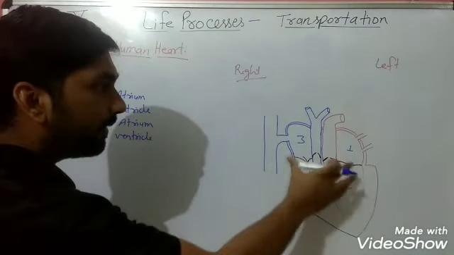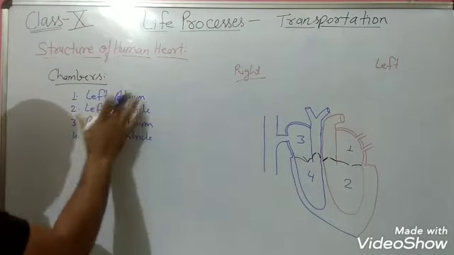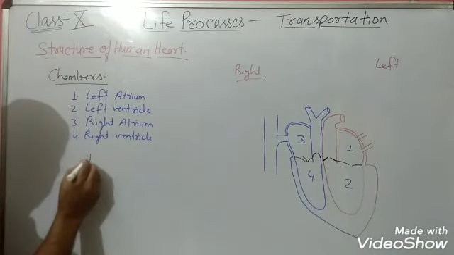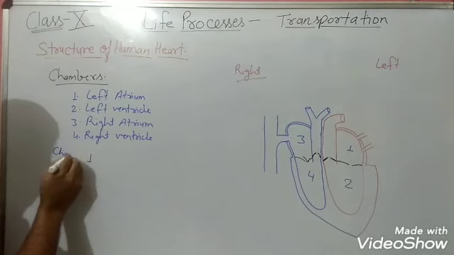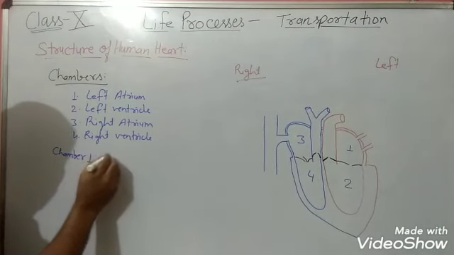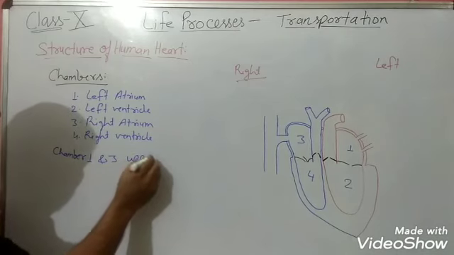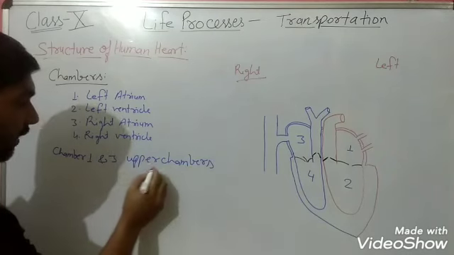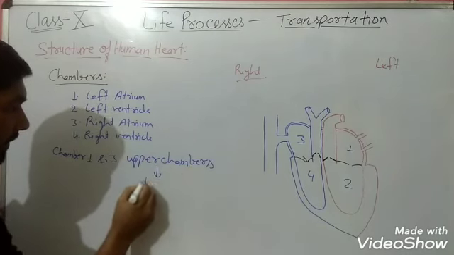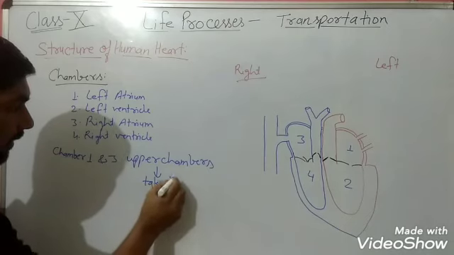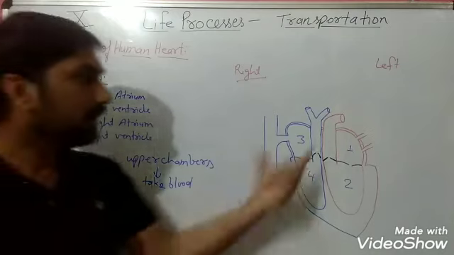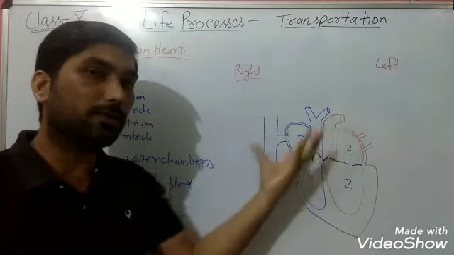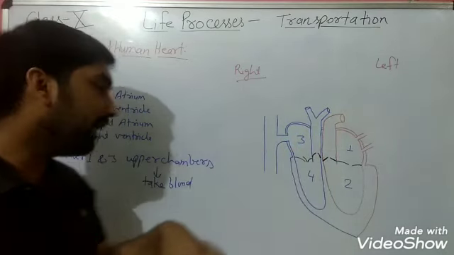So what are the functions of these chambers? Out of these 4 chambers, you are observing chambers 1 and 3. These are the upper chambers, and always remember that upper chambers take in blood, meaning the upper 2 chambers perform the function of receiving blood from the other parts of the body, whether from the lungs or from the other body organs.